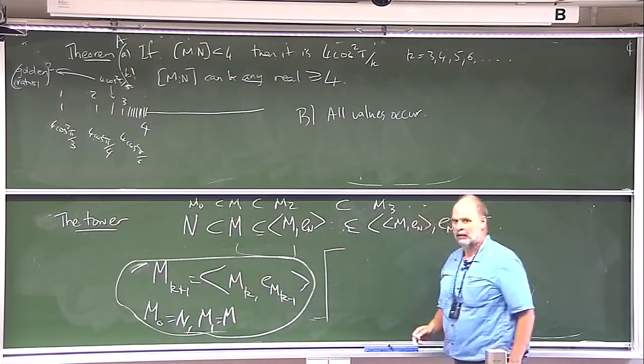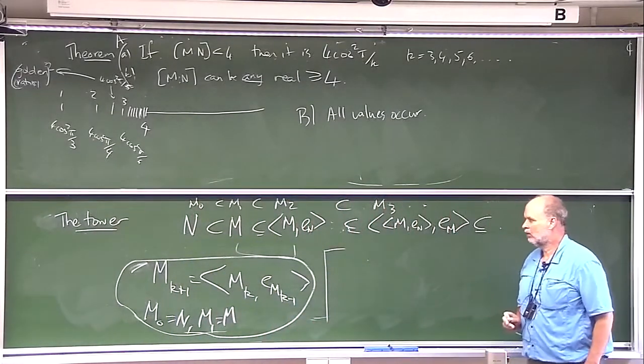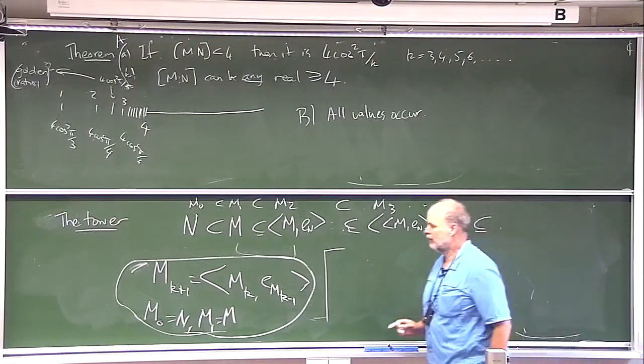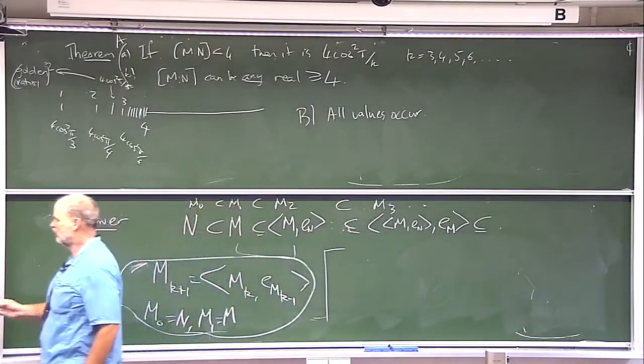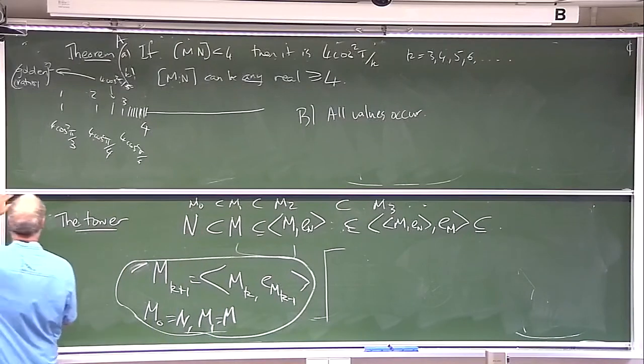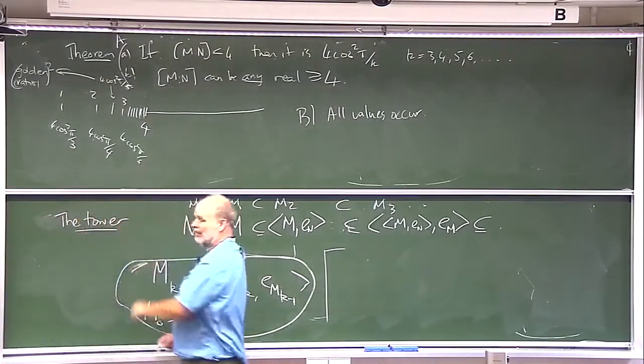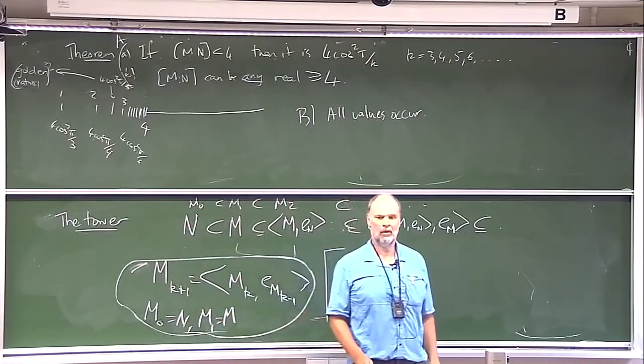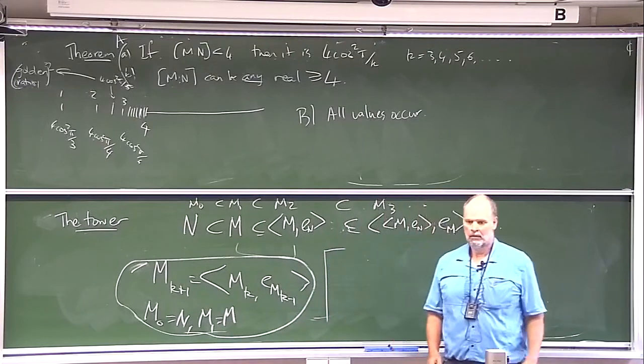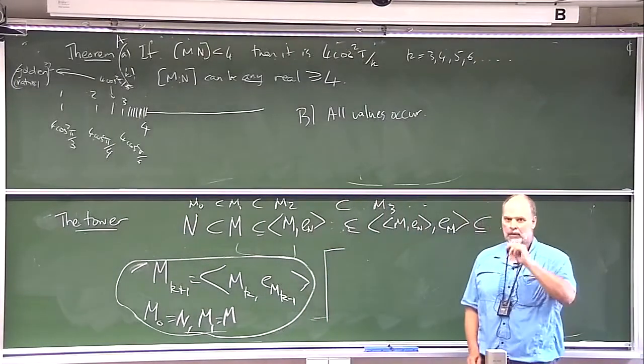Okay? And out of this, you can get a proof in several different ways that the index has to be one of these values, less than 4. However, I don't want to emphasize that proof.